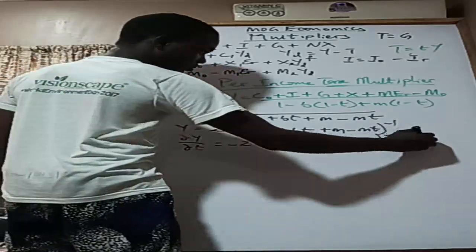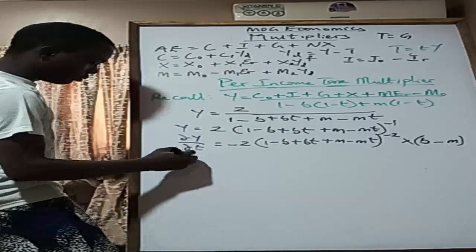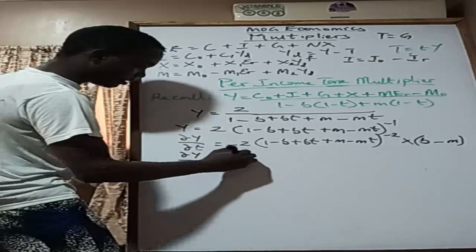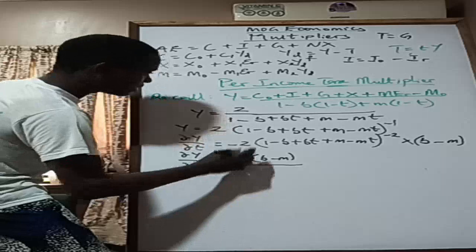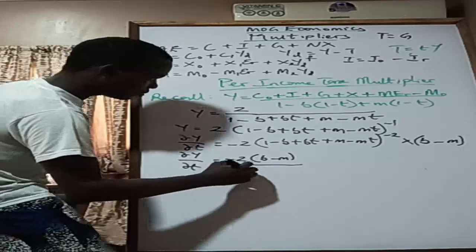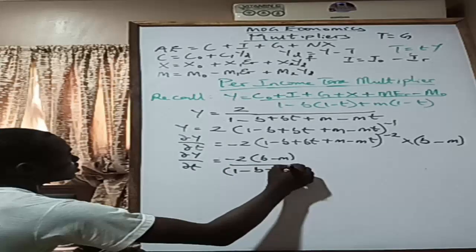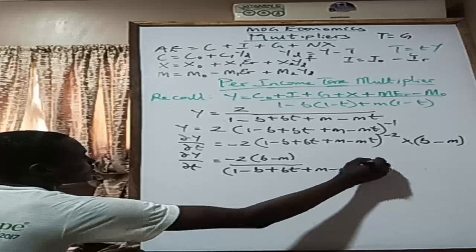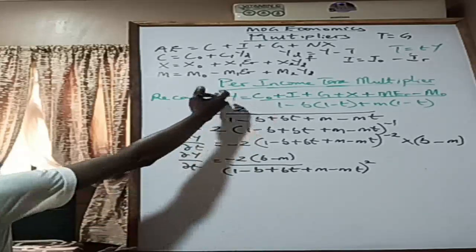So I have B, and I have minus M. So dY dT equals minus Z into bracket B minus M, everything divided by 1 minus B plus BT plus M minus MT, everything squared, since this is minus 2. Okay, so if we try to write everything about Z, that's like we are writing the numerator.